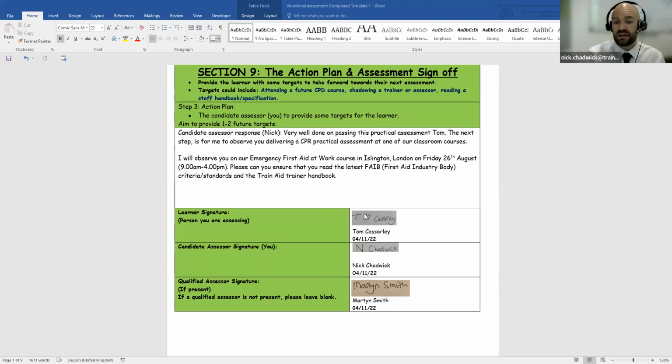Once again, we would also like for you to get your learner to sign and date the assessment form, and please, you need to do that as well as the candidate assessor. Once again, if a qualified assessor is present, then please ask them to sign, or you can leave this box blank.